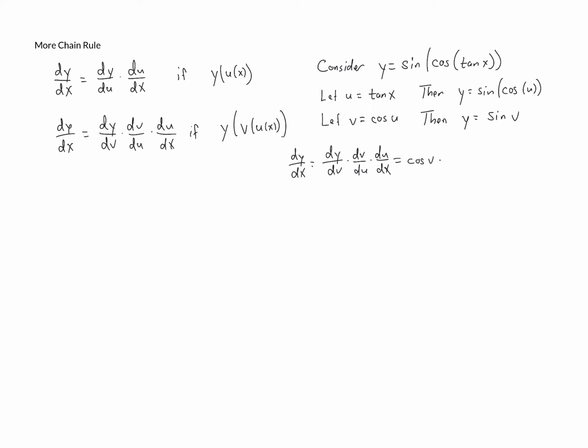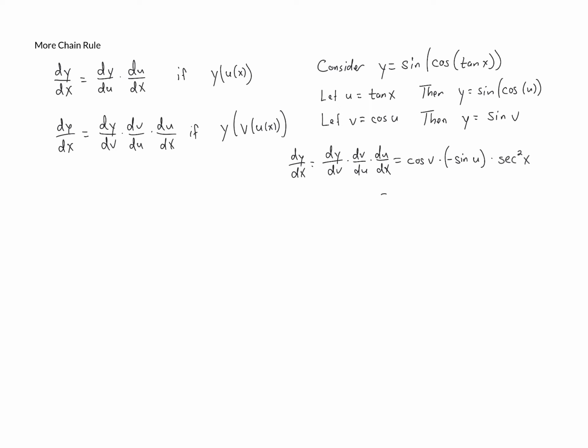If v is cosine of u, the derivative of cosine of u is negative sine of u times du over dx. Well, if u is tangent of x, the derivative of that is secant squared of x. So we've got cosine of v times negative sine of u times secant squared of x.